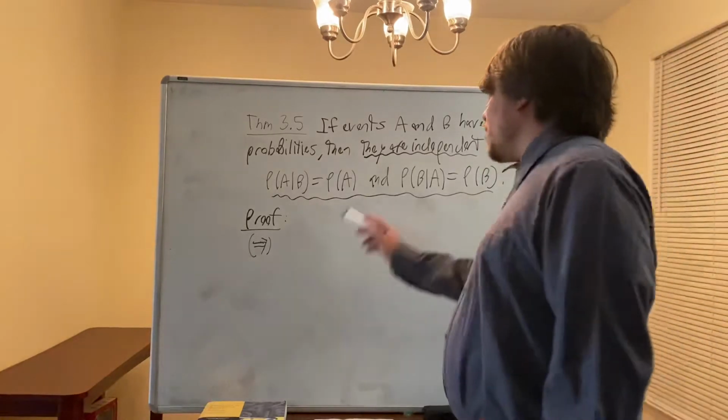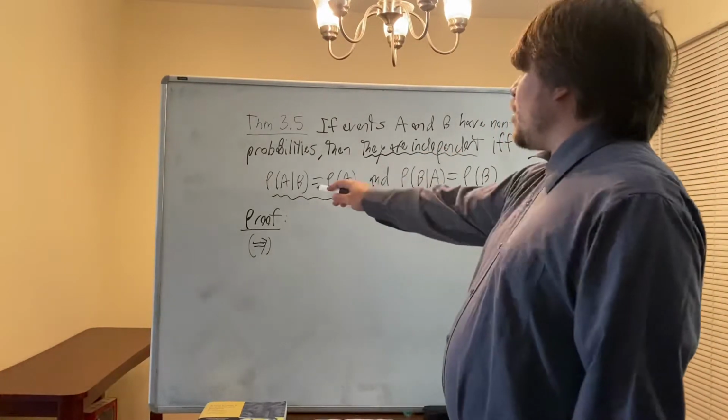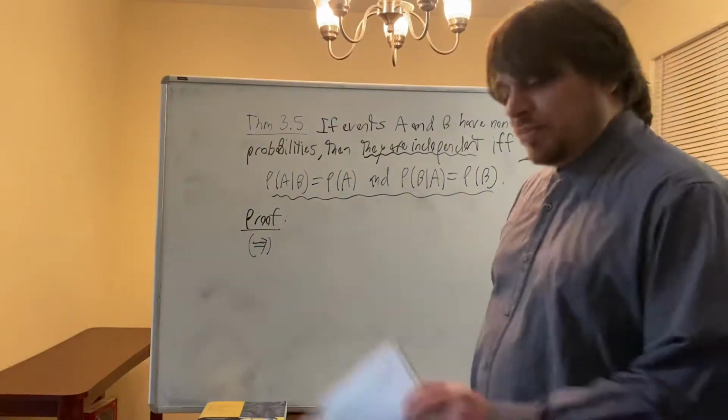So the forward direction is we're going to assume that A and B are independent and show these two equations hold with that assumption.